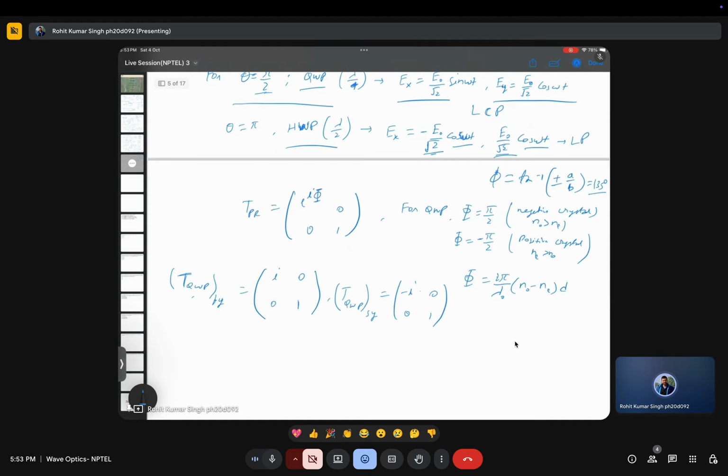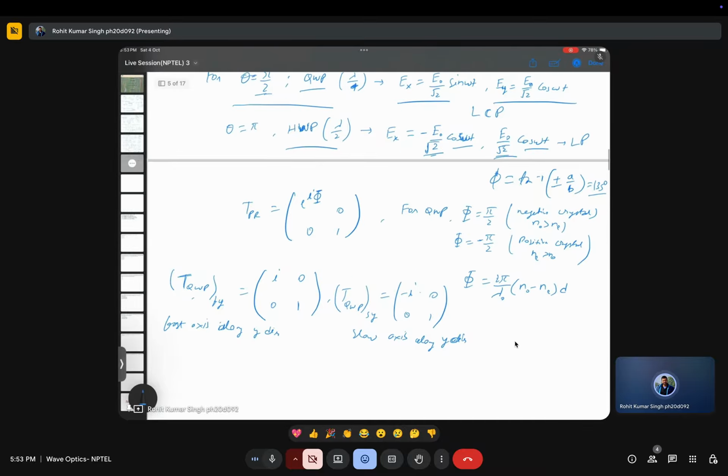So this is when the fast axis is along the y direction, and this is when the slow axis is along the y direction.